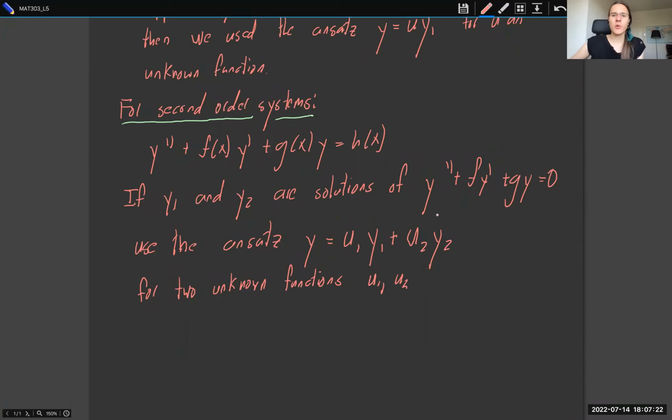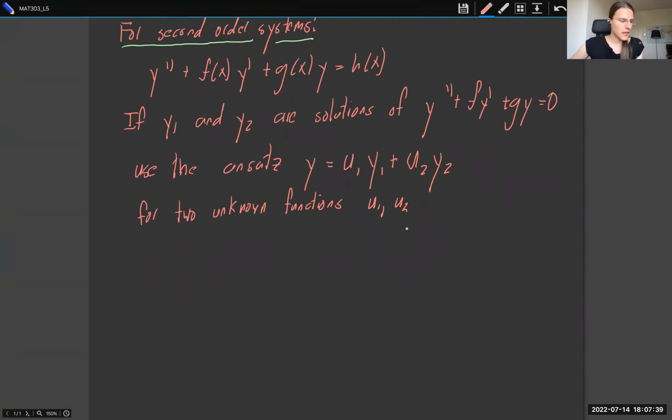Now, in general, we're trying to solve the equation so that when we plug y inside of here, we have h. That is one constraint, whereas we have 2 degrees of freedom for the functions here. And this will allow us to impose an extra equation to make the solution possible. So suppose this is y. Then what is y prime?